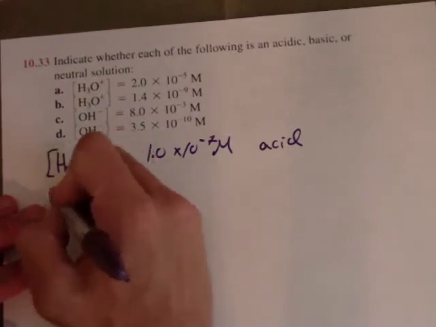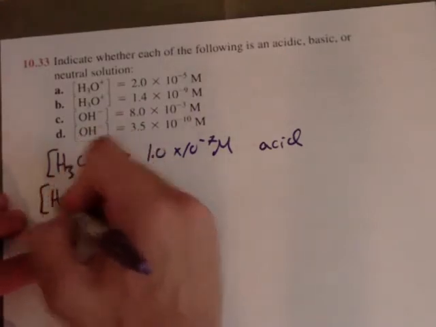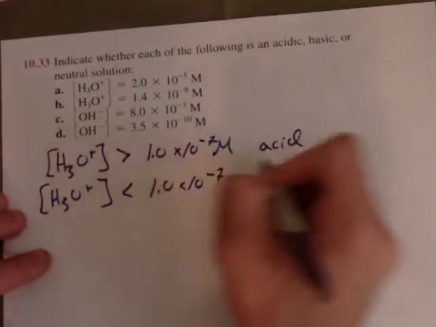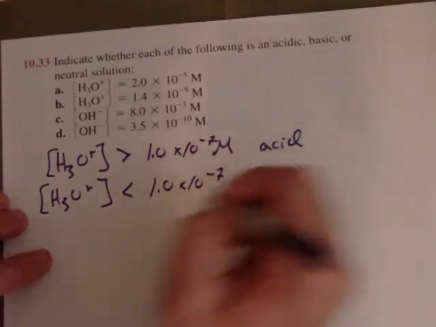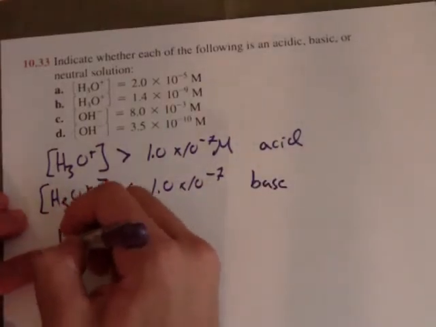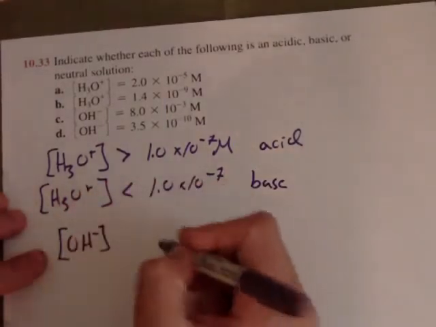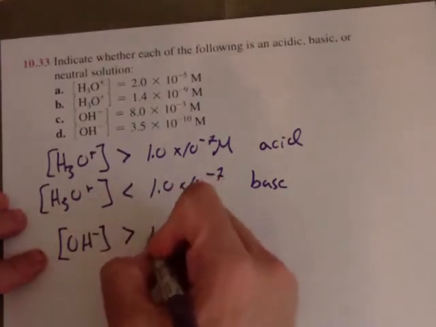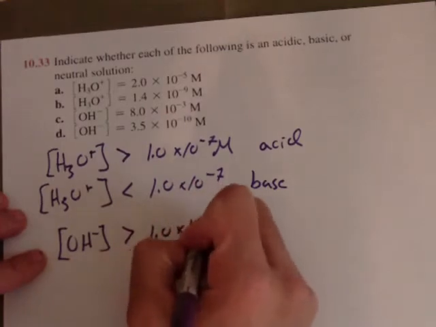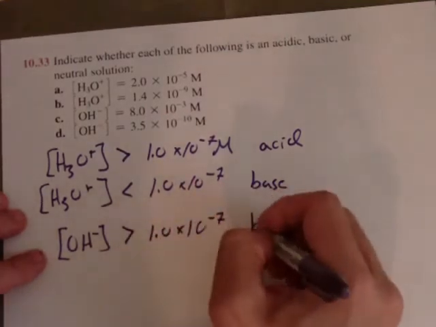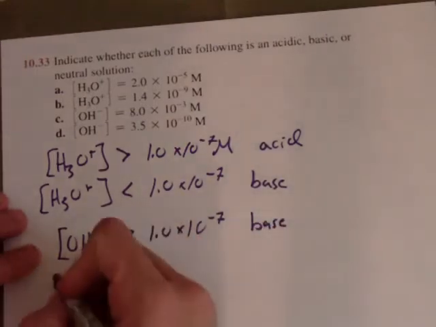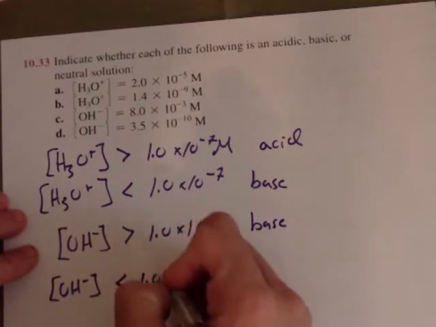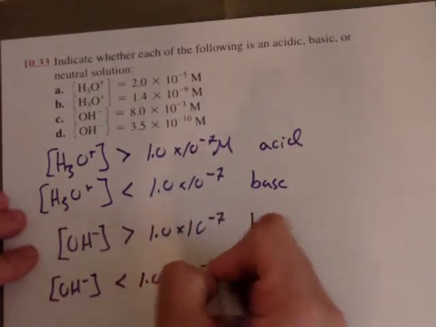If H3O plus is less than 1.0 times 10 to the minus 7, it's a base. In terms of OH minus, if OH minus is greater than 1.0 times 10 to the minus 7, that means it's a base. If the OH minus concentration is less than 1.0 times 10 to the minus 7, it's an acid.